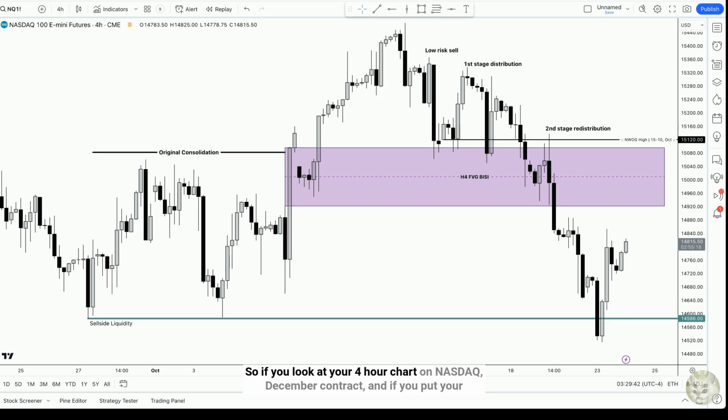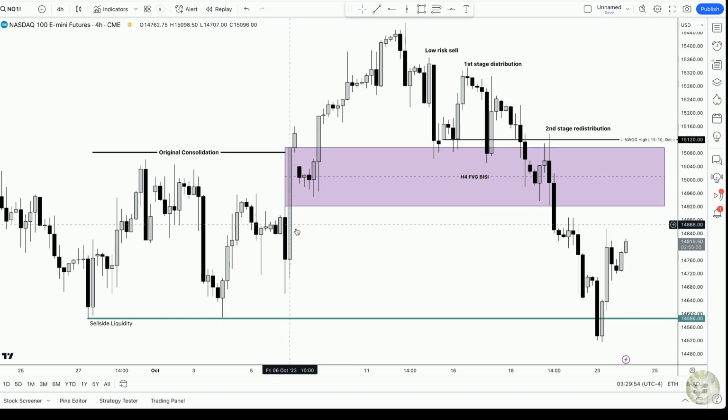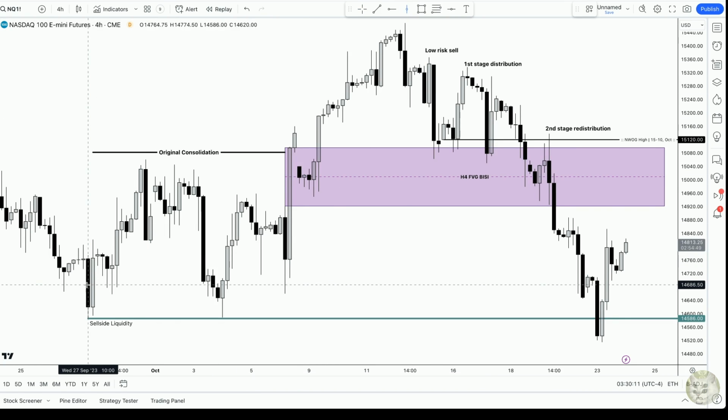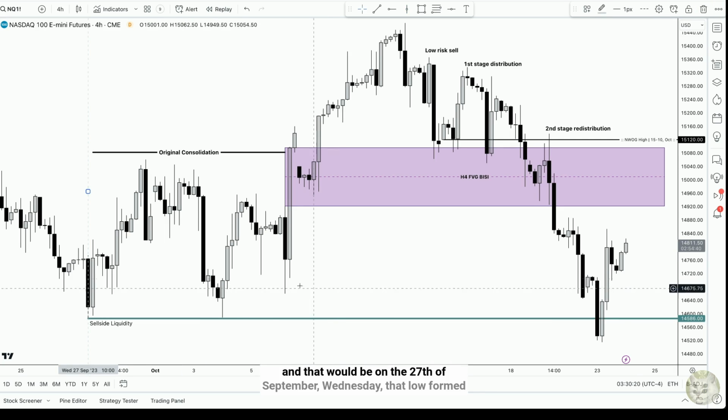So if you look at your 4-hour chart on NASDAQ, December contract, you put your cursor or your mouse on the low ahead of October, and that would be on the 27th of September, Wednesday.